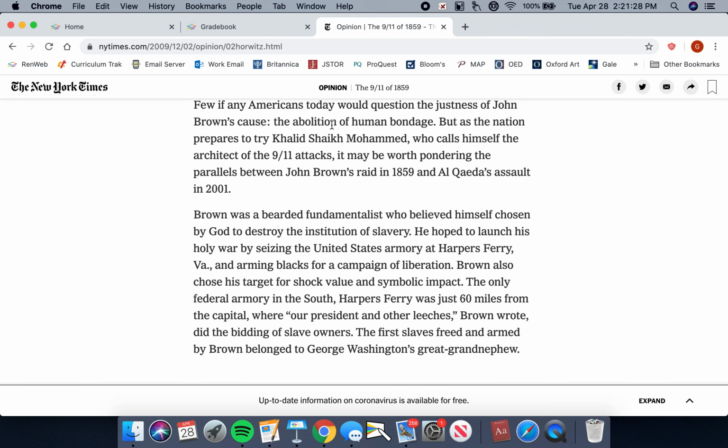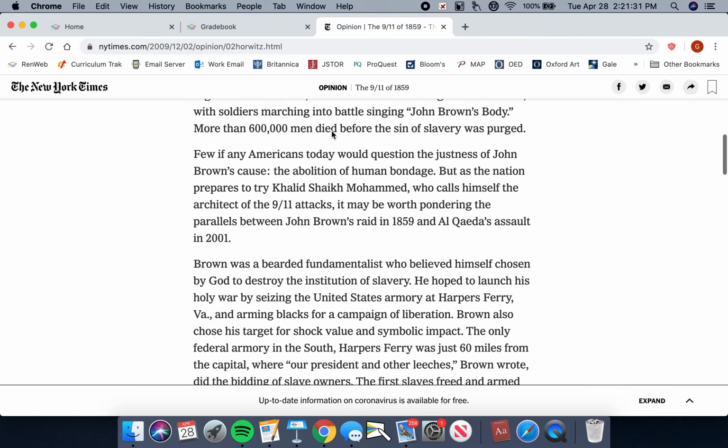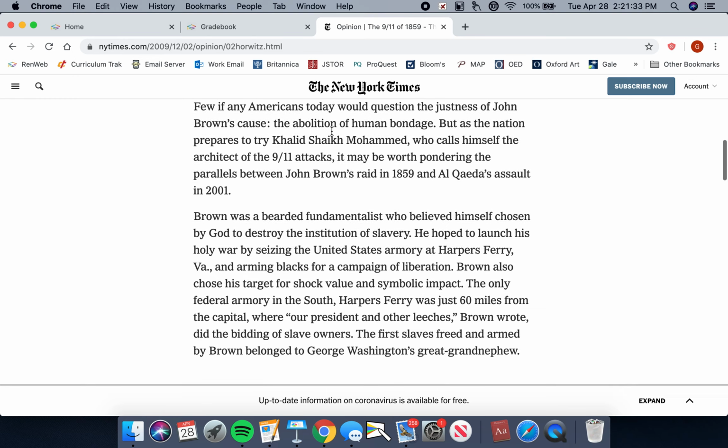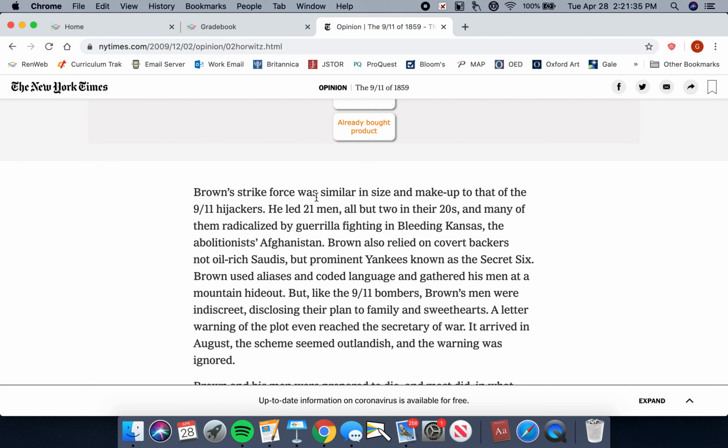Another kind of similarity that Horowitz points out is that Brown and the strike force of the 9/11 hijackers are similarly small.